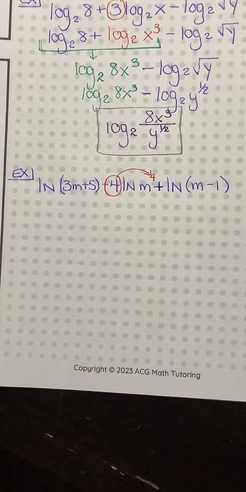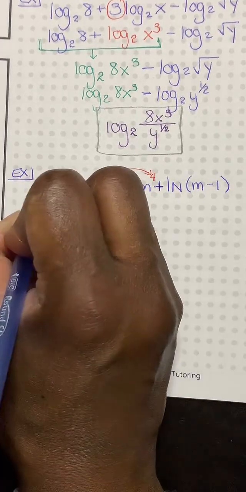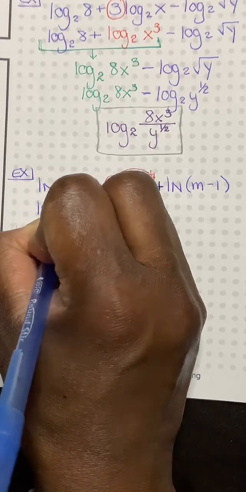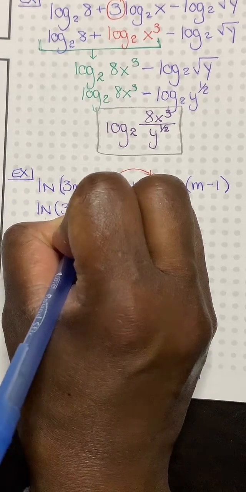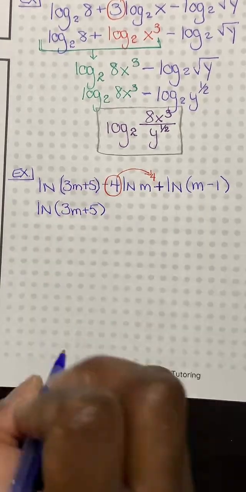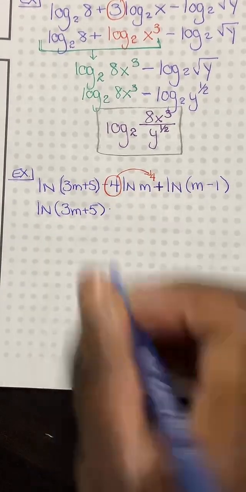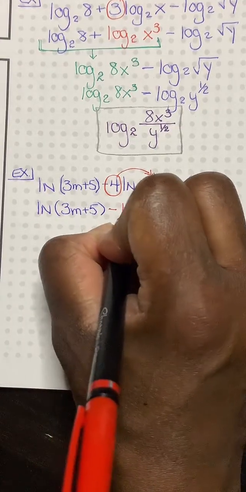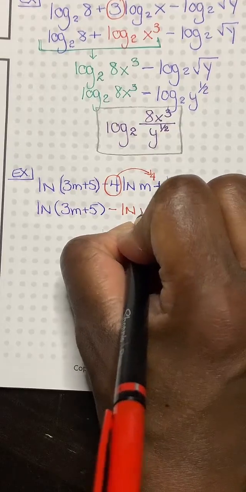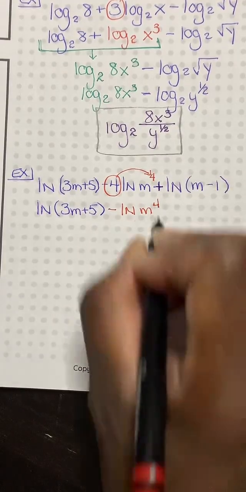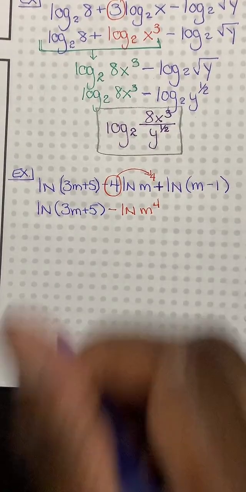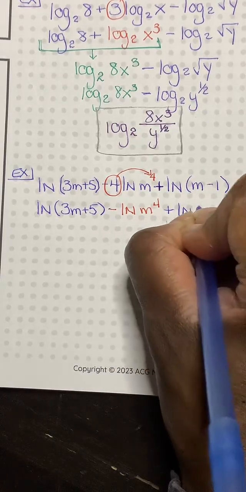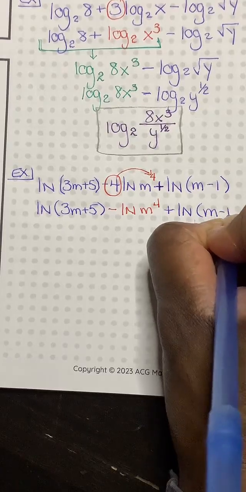Okay, so we have the natural log of 3m plus 5, that whole expression, minus the natural log of m to the 4th plus the natural log of m minus 1.